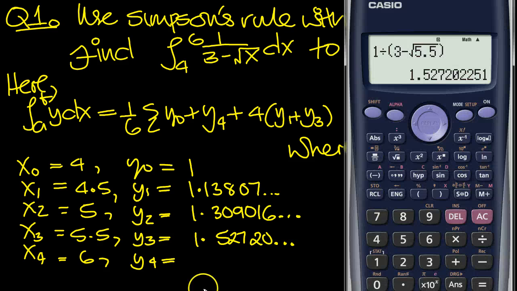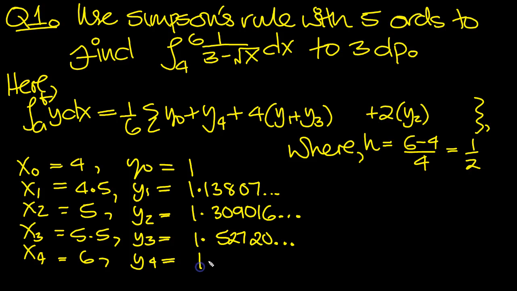And then y4, put in 6, which gives 0.816496. We've done some of these to more than 5dp, so working to 3dp should be fine.